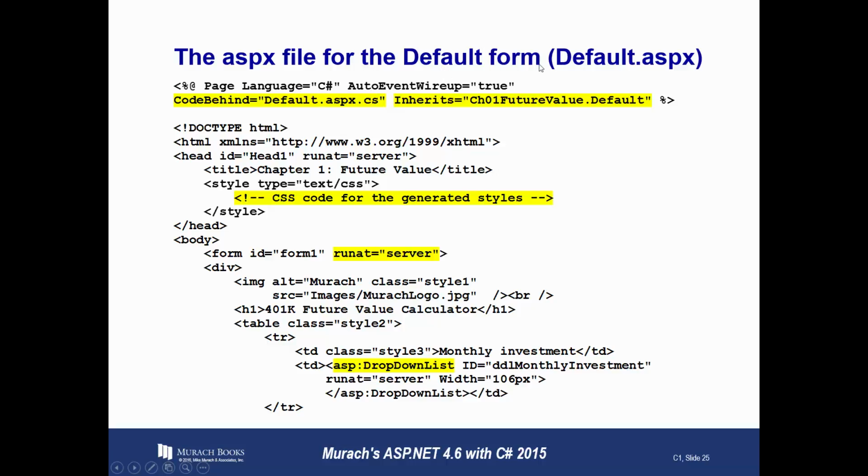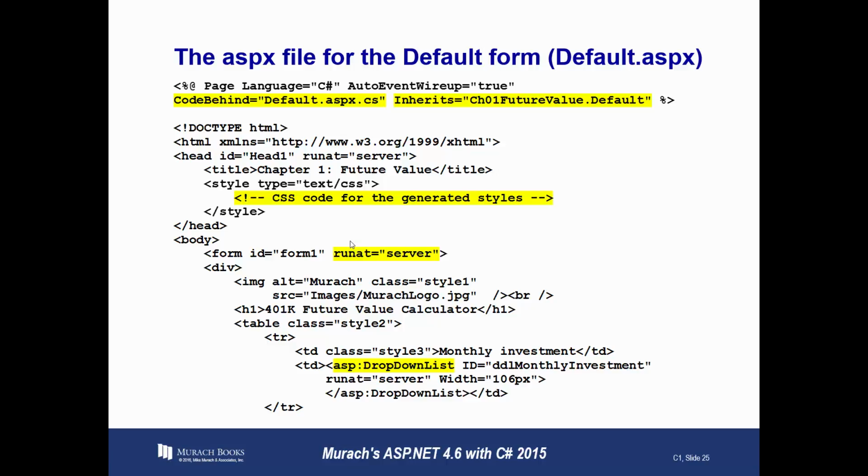Our file is named default.aspx, so by default, no pun intended, our code behind file is called default.aspx.cs. And it's going to inherit from this file. But if you look, everything else in here, and I mean everything else in here, is just HTML code.